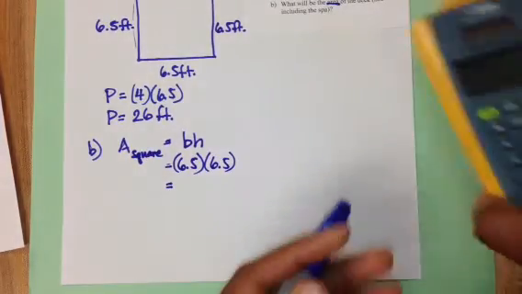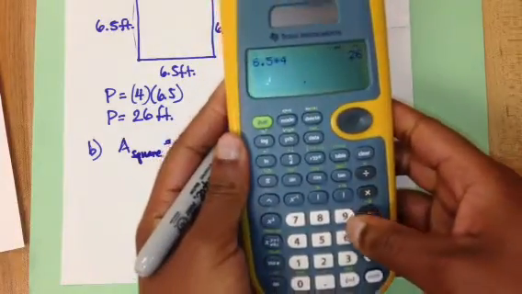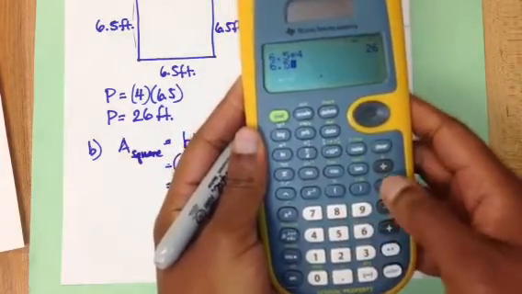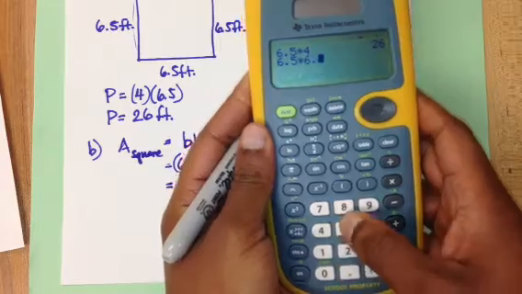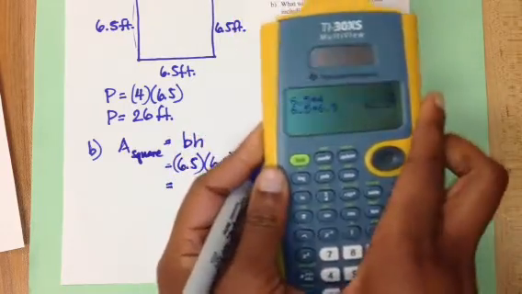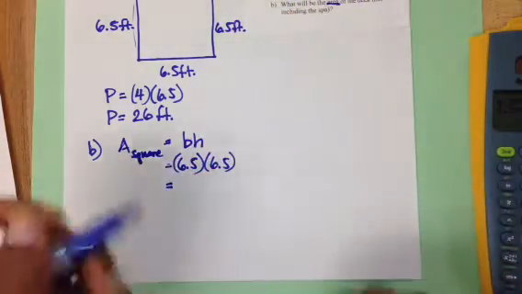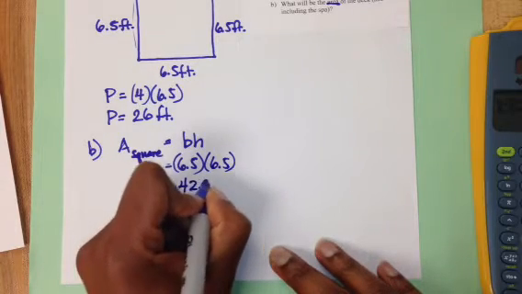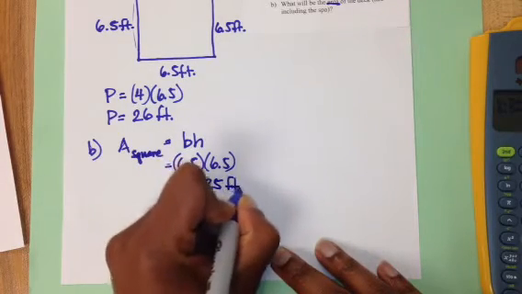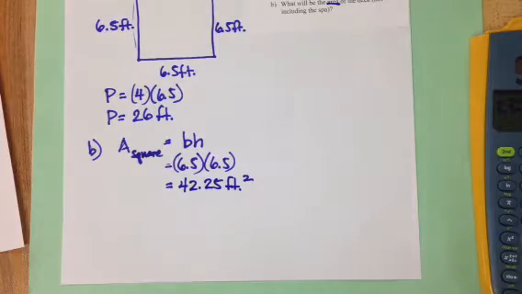Now we're going to go ahead and calculate that in our calculator. We have 6.5 times 6.5, and that gives us 42.25. So we have 42.25 feet squared is the area of our square.